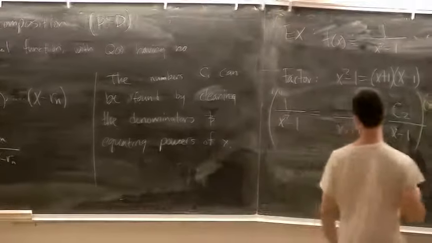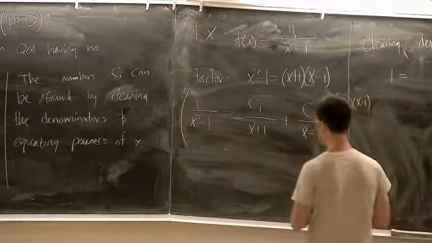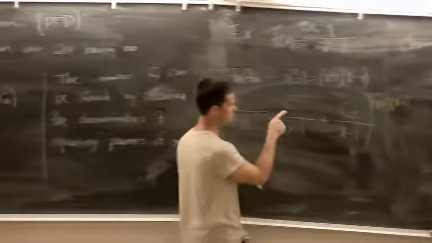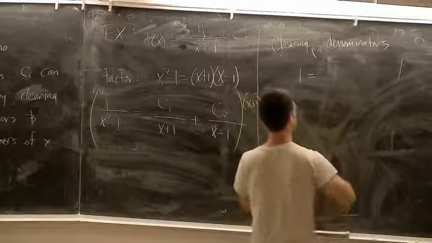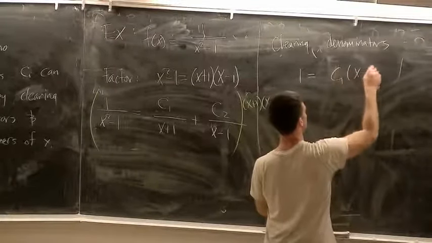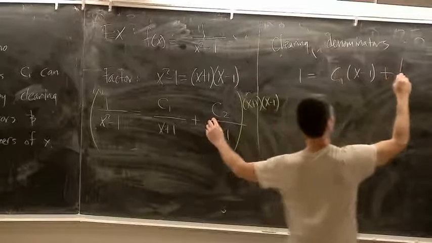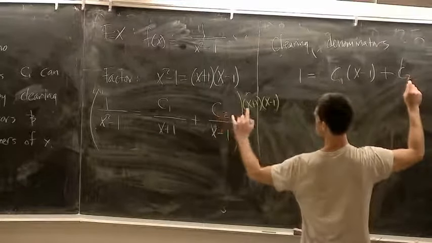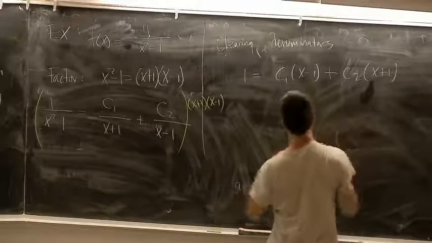And what we'll get is, well, on the left, we'll just get 1. On this term, the x plus 1s will cancel, and we'll get a C1 times x minus 1. And then here, the x minus 1s will cancel, and we'll get a C2 times x plus 1. Does that make sense? Everyone got that part?